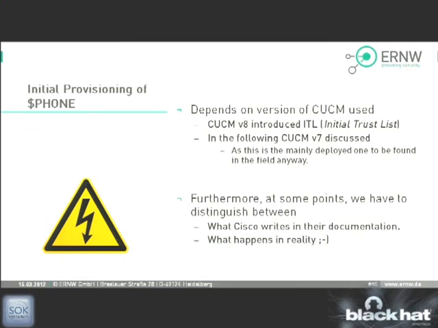So let's focus on CUCM version 7, and there is some discrepancy between what we get from the documentation, how the phones should behave in certain cases, and what we actually saw when doing some testing.